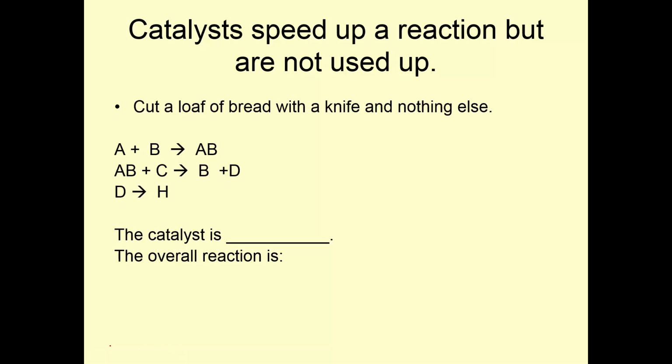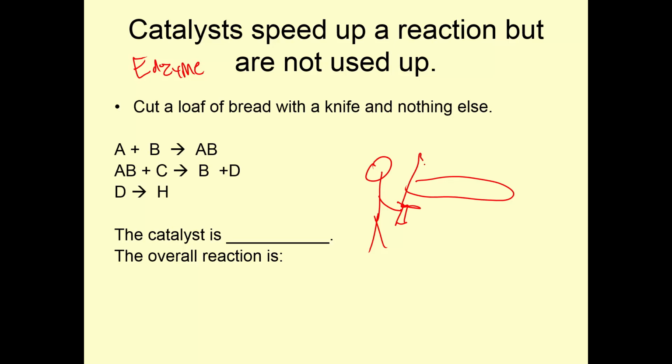Catalysts speed up a reaction but are not used up. We talk about this in biology. In biology, a catalyst is called an enzyme, a biological catalyst. Say I have a loaf of bread, and I'm an astronaut, of course I am, and I have a knife. I'm trying to cut the loaf of bread with a big knife.